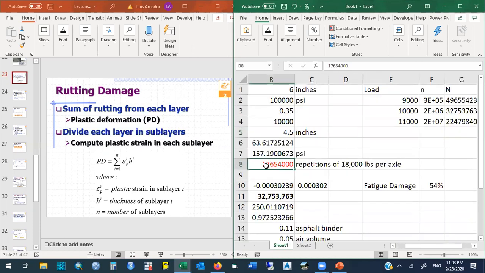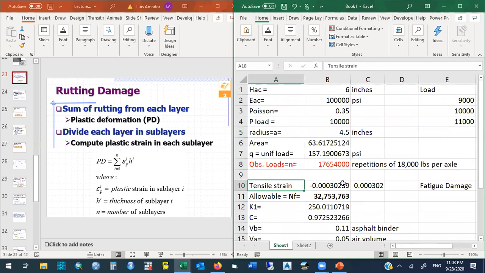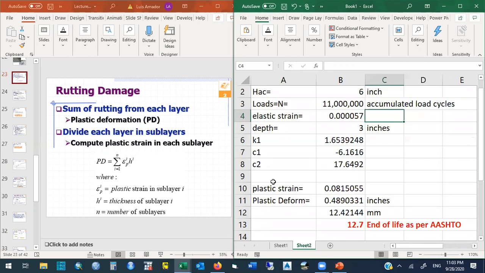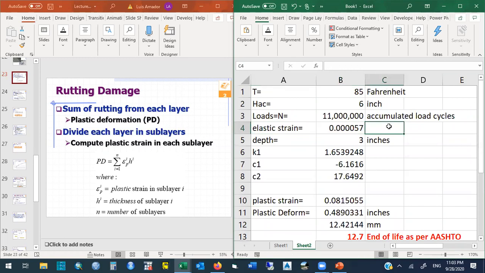In this one, we actually estimated the tensile strain. This was 3 to the power of minus 4. In this one, we didn't estimate the plastic strain, the elastic strain. We actually took it for granted, given by us from another analysis.